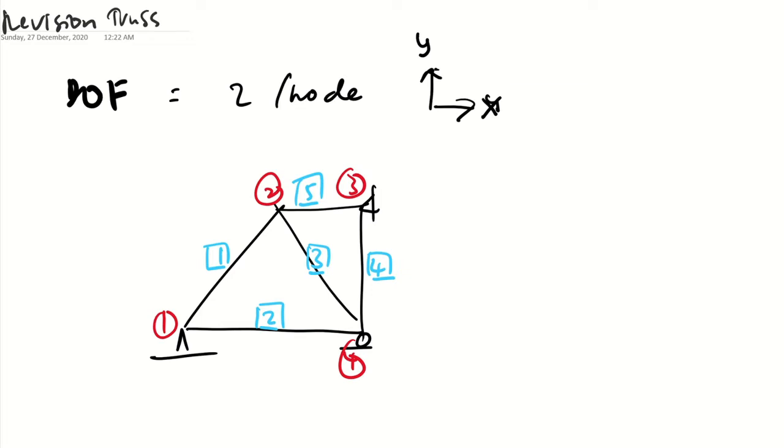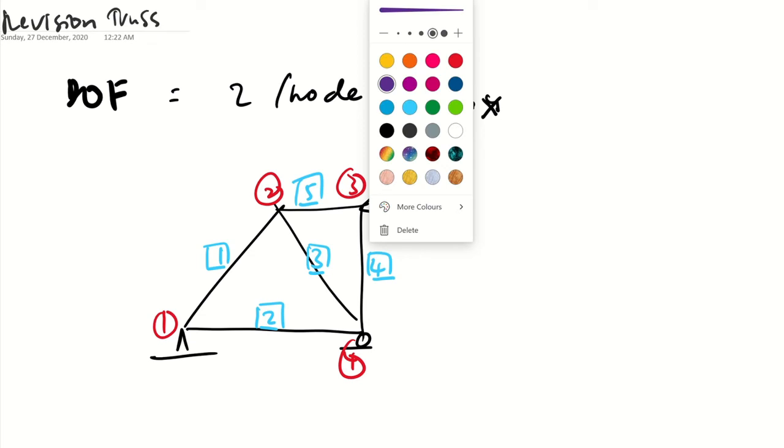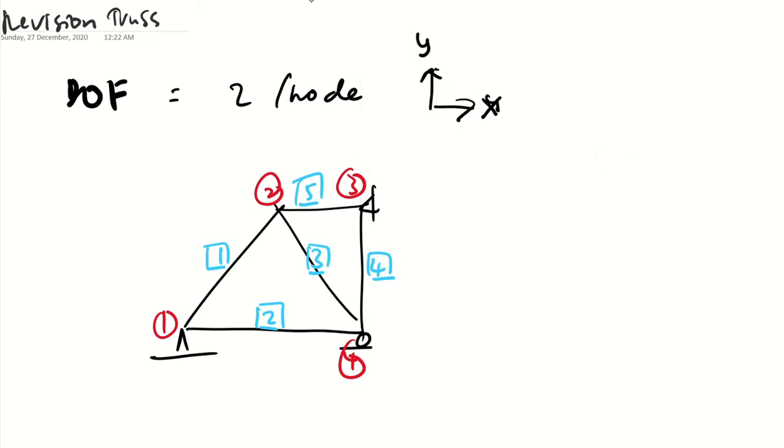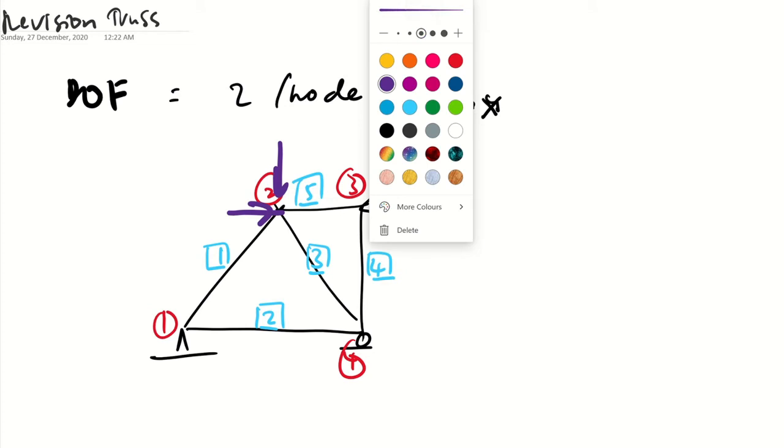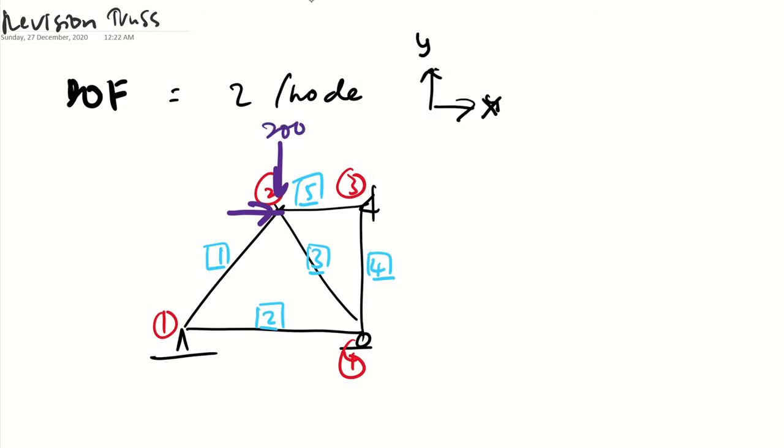4 nodes, 5 elements. Let's say this truss is subjected to loading, horizontal load and vertical load. This one is 200 kilonewton and 150 kilonewton.